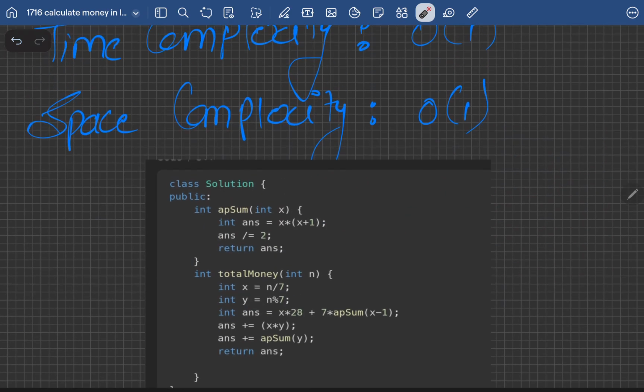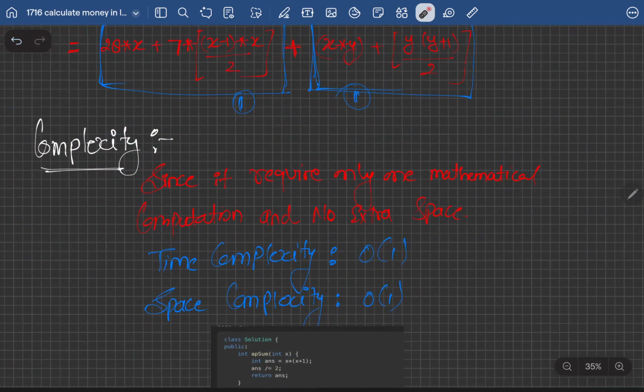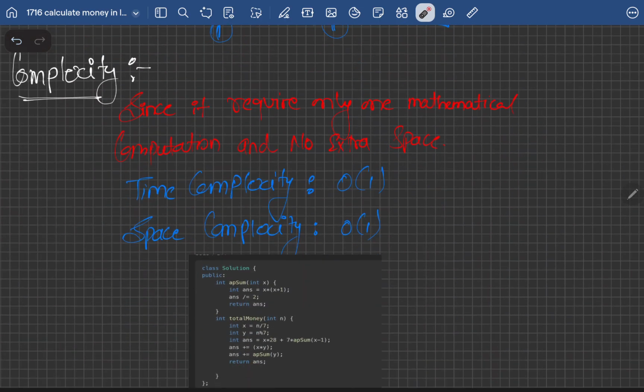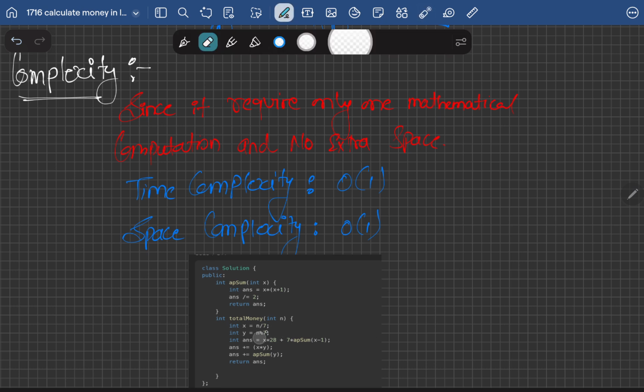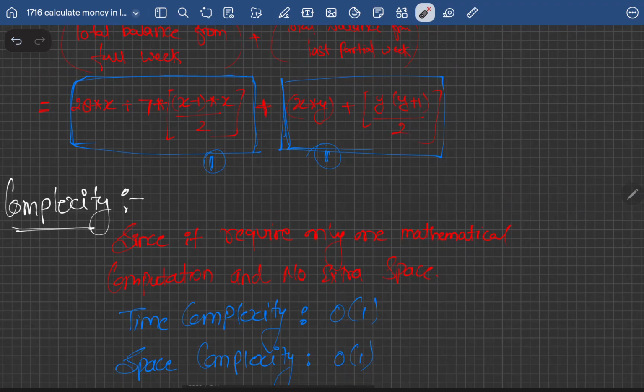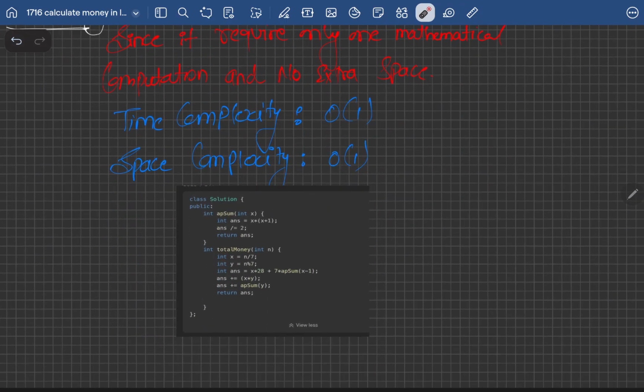So the total money will be, first, 28 into x, and then 7 into the arithmetic series of x minus 1.